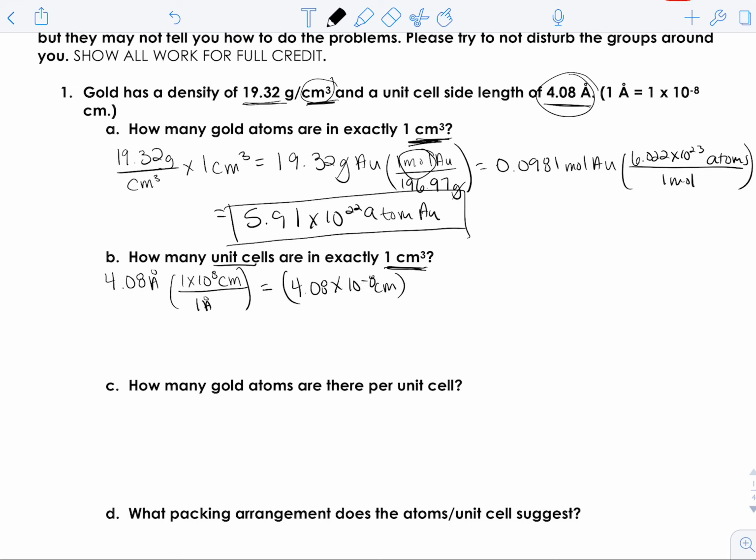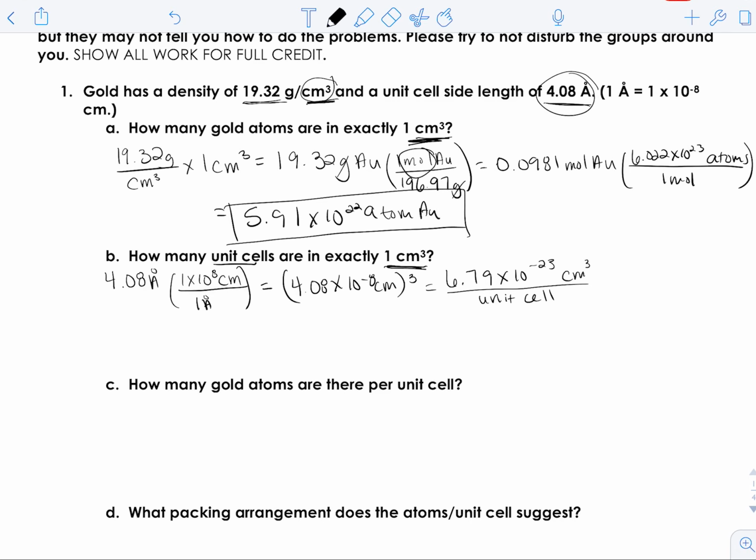And since it is a cube, we can cube our edge length to get the volume of our unit cell of 6.79 times 10 to the negative 23rd centimeters cubed per unit cell. Now we can take that volume of gold, divide it by our volume of a unit cell to figure out how many unit cells we have.